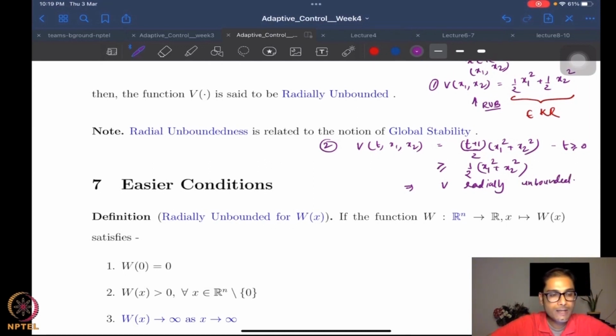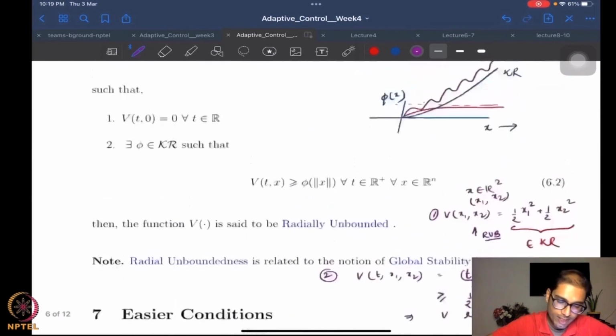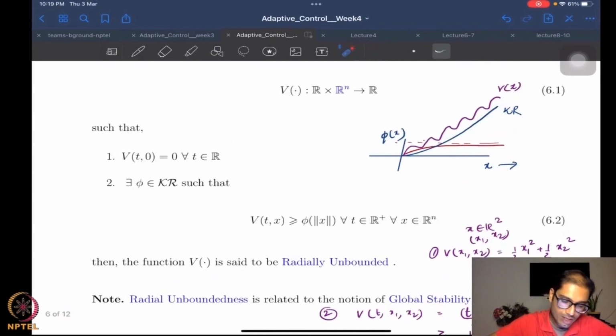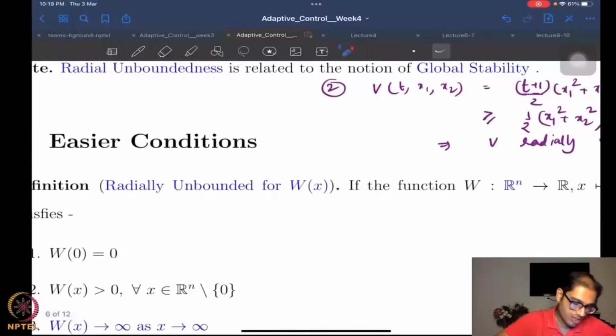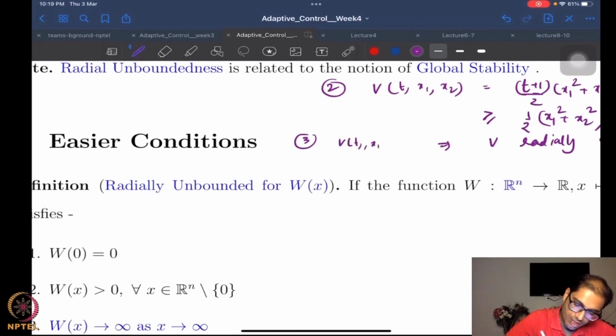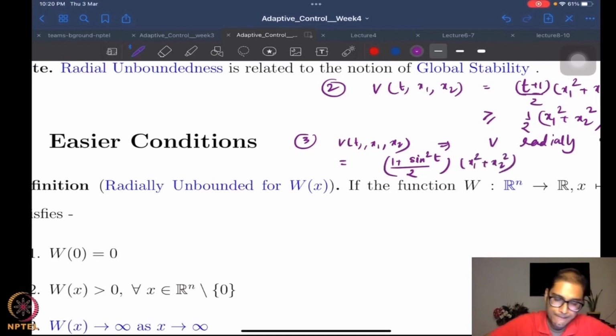Okay, so we can also have, let me try to think, some kind of oscillating examples like the one that we showed in the picture. That can be constructed by again introducing a time variable as (1 plus sine squared t) divided by 2, times (x1 squared plus x2 squared).